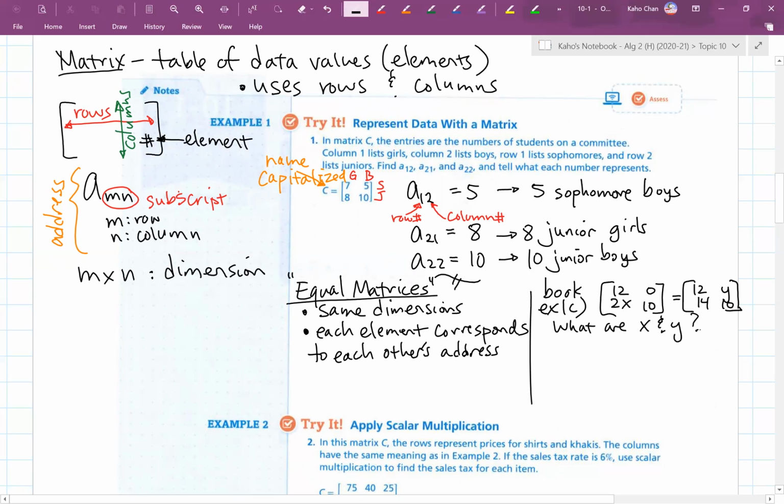Okay. It's actually pretty easy. You just have to know what they're looking for. If you take a look at this, the 2x is right there in row 2, column 1.